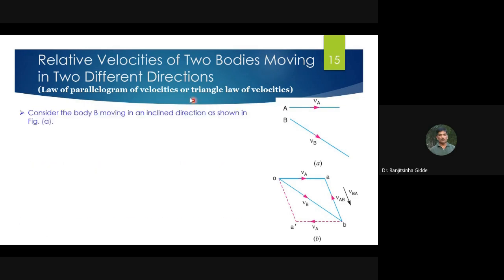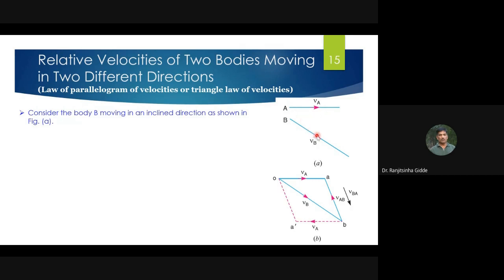Okay. So already this we have discussed. Body B is moving in an inclined direction. This is body B. It is moving in this direction. If this one is the straight direction, it has some angle with respect to this straight direction.